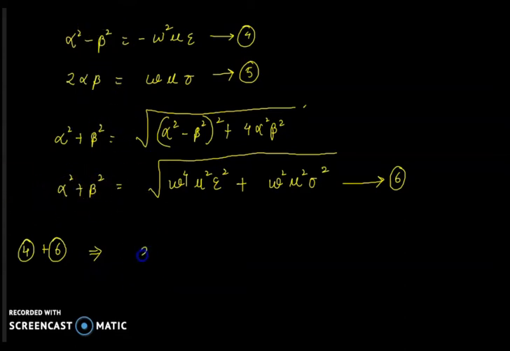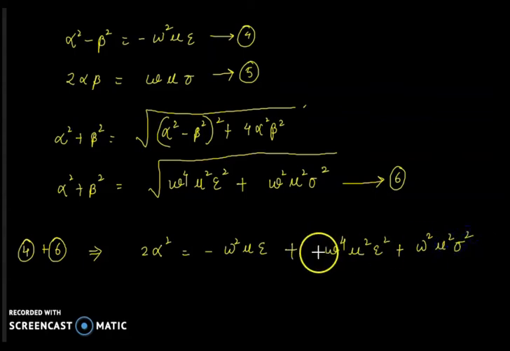So this becomes 2 alpha square is equal to minus omega square mu epsilon plus square root of omega power 4 mu square sigma square omega square mu square sigma square.